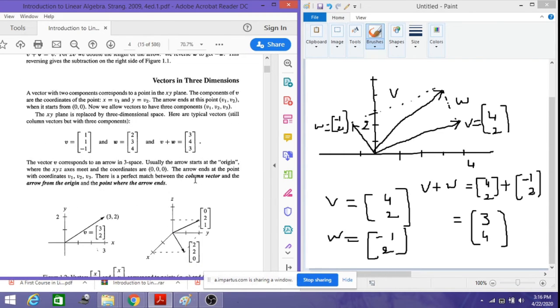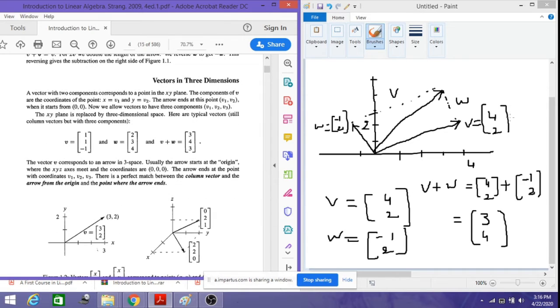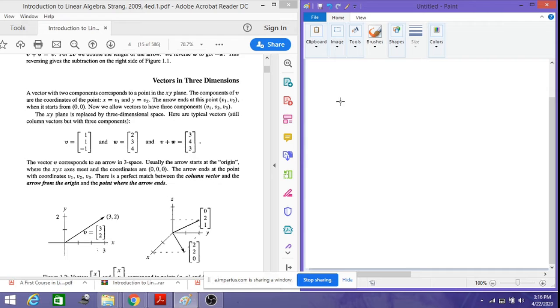Now let us move this to the 3-dimension case. So let's move to the 3-dimension case here. It means we have 3 equations and 3 unknowns. Now if we represent these 3 equations in terms of vectors, then we have v here.